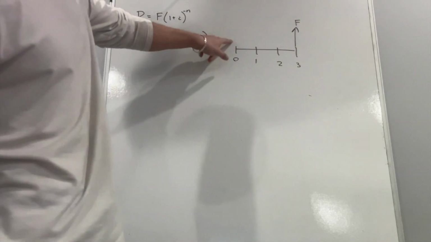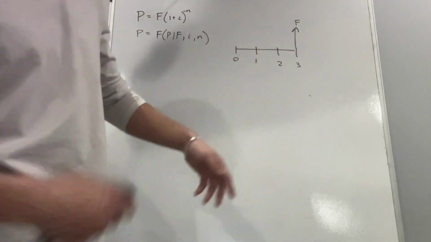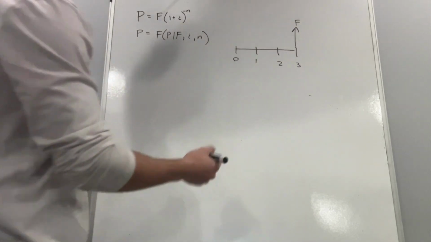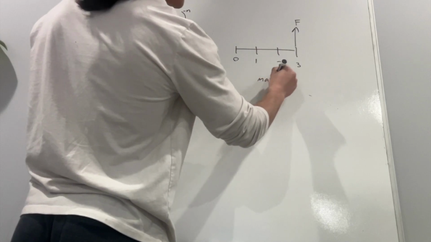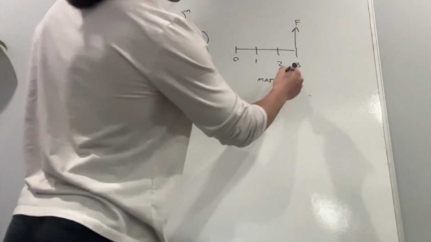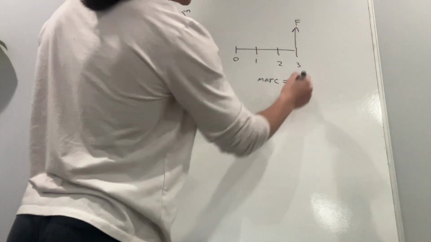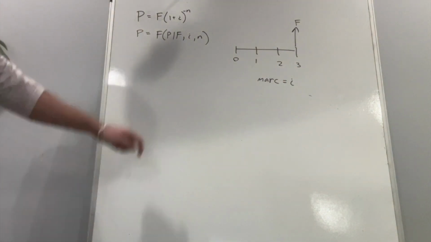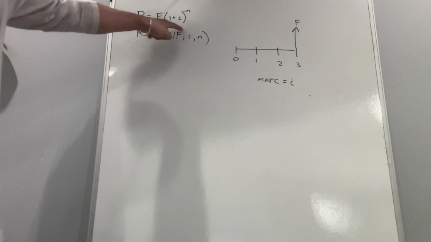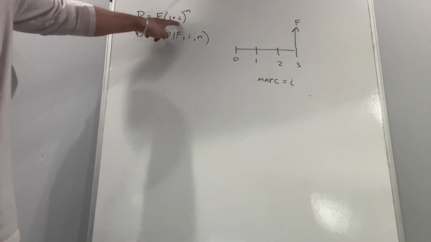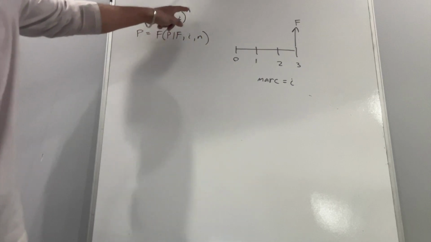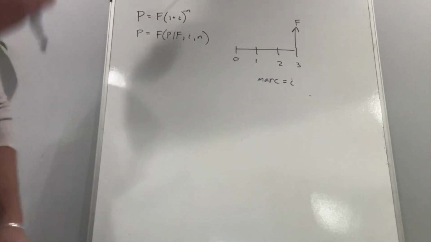Find the present worth of that money now, right? Because things inflate, and let's say the interest for each year, or the MARR, I think it's called, I don't remember, is I, right? And so the present worth would be this formula. You plug in F here, 1 plus I, which is the interest, and then to the negative n because you're going backwards.